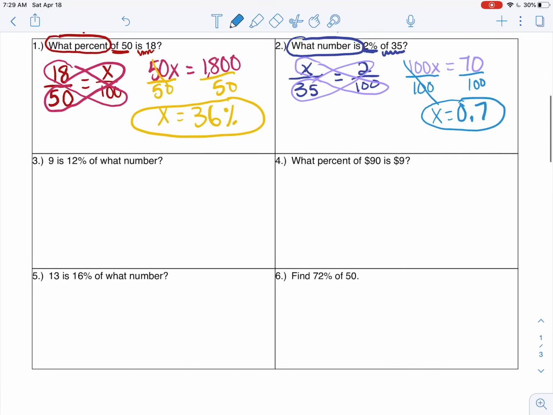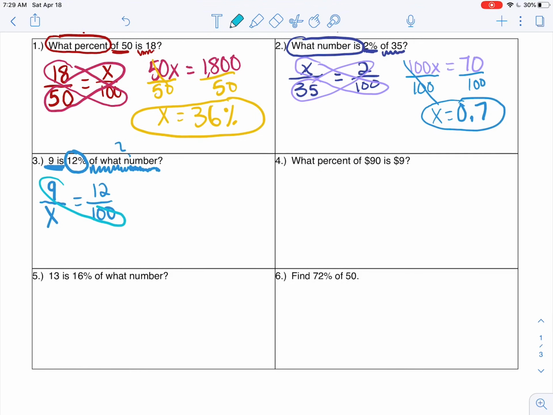Number 3, 9 is, okay, there's the word is, so 9 is, I have 12% of what number? This is the part we don't know, the of part. Okay, so when I go to set up my proportion, 9 is the is, the of we don't know, is x, equal to 12 over 100.